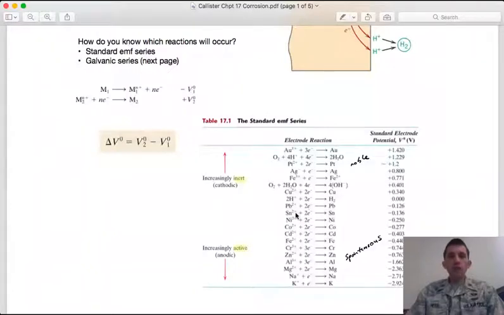So these half reactions are all measured relative to the hydrogen standard half reaction. So that's it right here, where we have two hydrogen ions combining with two electrons to form hydrogen gas. And so that is defined as the zero point.